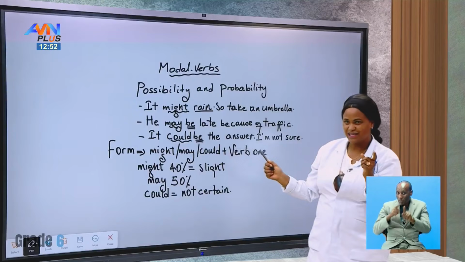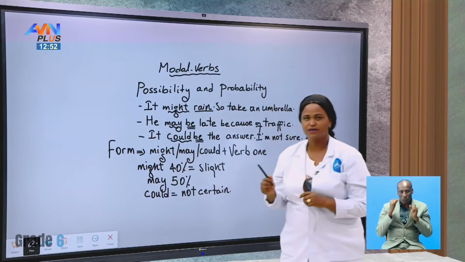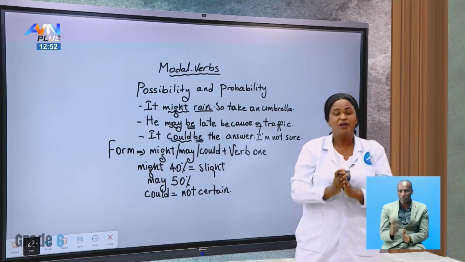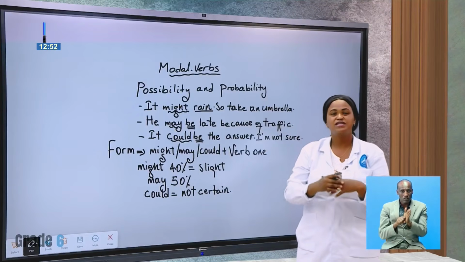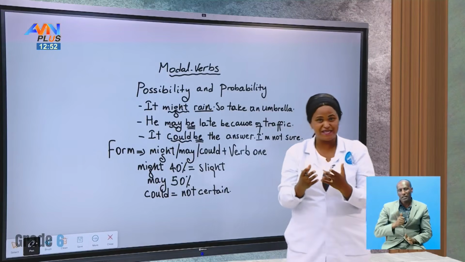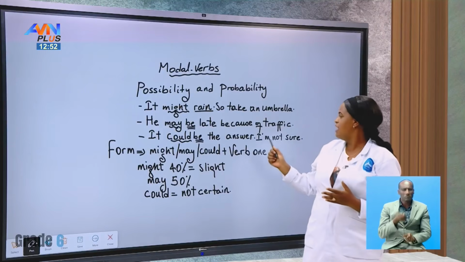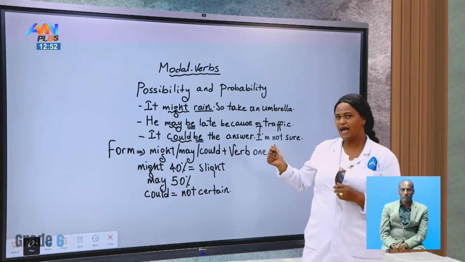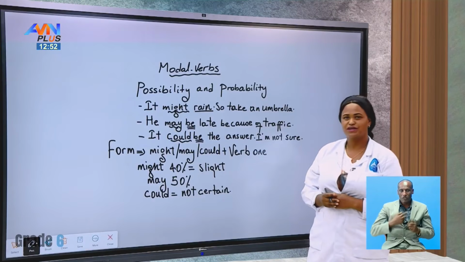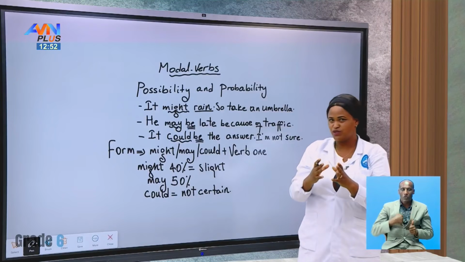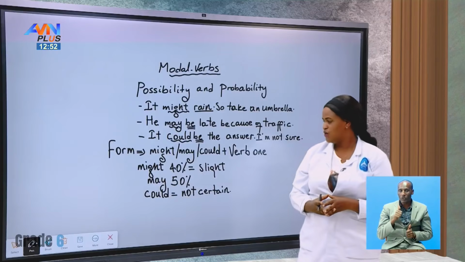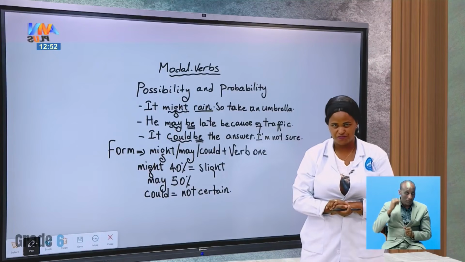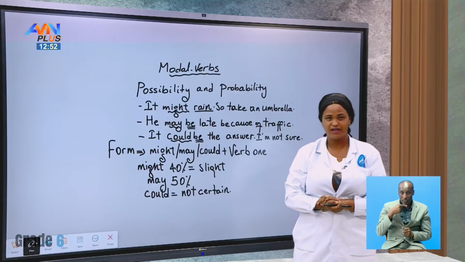But the person is telling us a possibility, but he has no proof. So, what do we say? I am not sure. You see, at the end of the sentence, he adds I am not sure. So, for a possibility which we are not certain or sure, which one do we use? We use could. Did you get my idea?